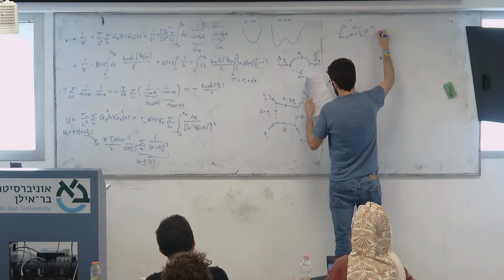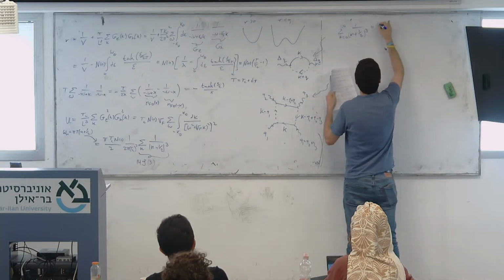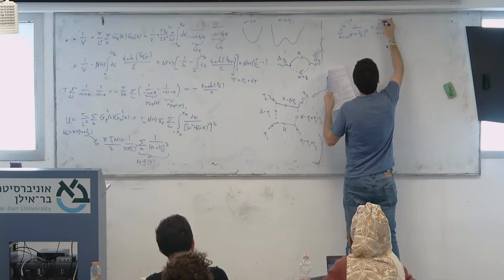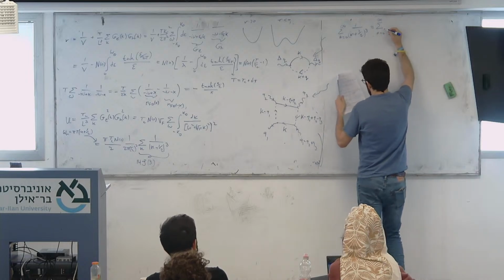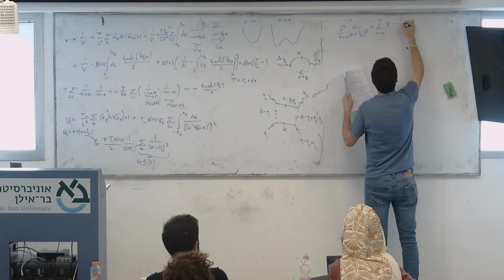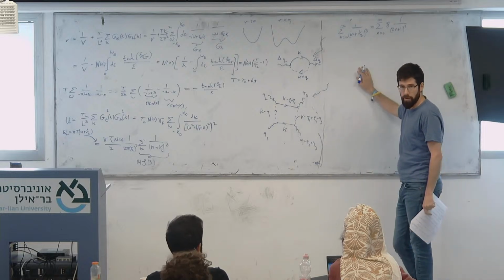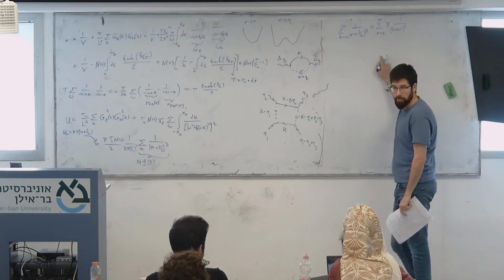cubed. This guy is equal to a sum over n equal to 0 all the way up to infinity of 8 times 1 over (2n plus 1) cubed. So I just pulled out the 1/2, so I get this 8 here.